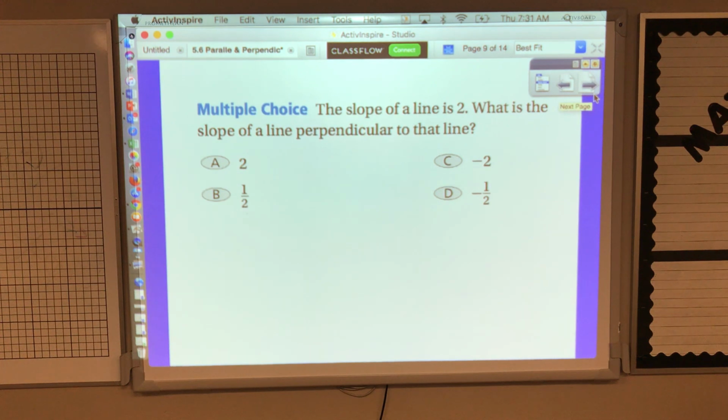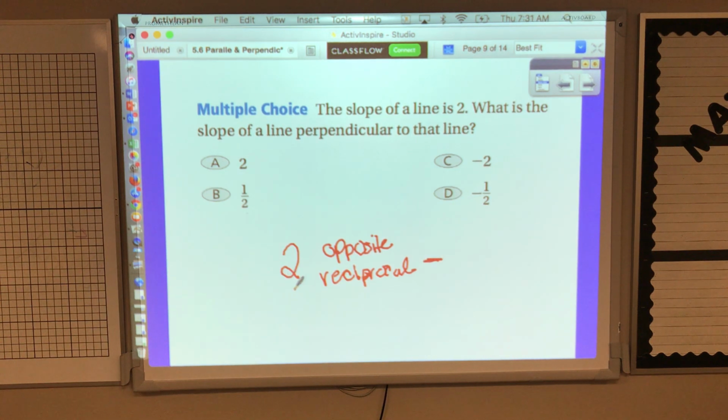So the slope of a line is 2. What is the slope of a line perpendicular to that line? My current slope is 2. My slope has to be an opposite and a reciprocal. Well, the opposite of a positive 2 means it has to be negative.